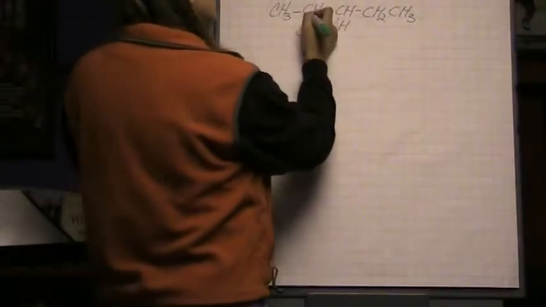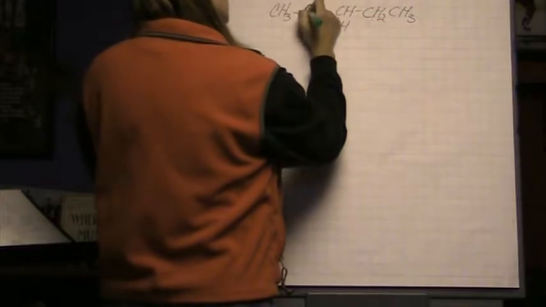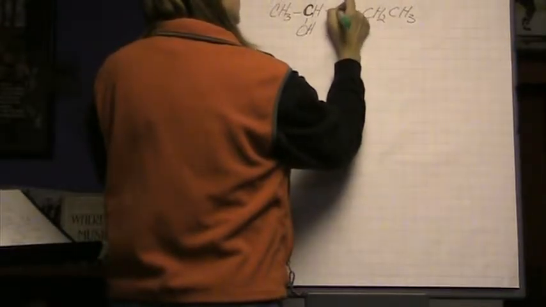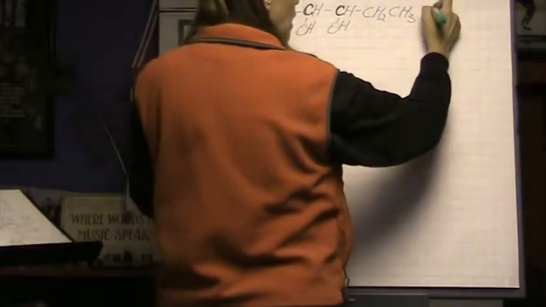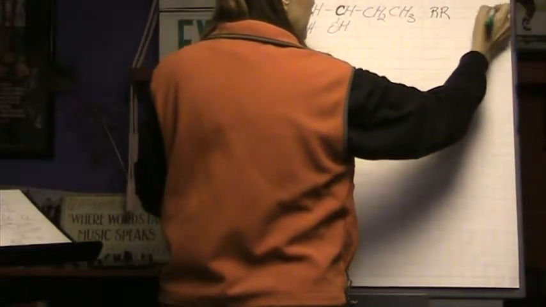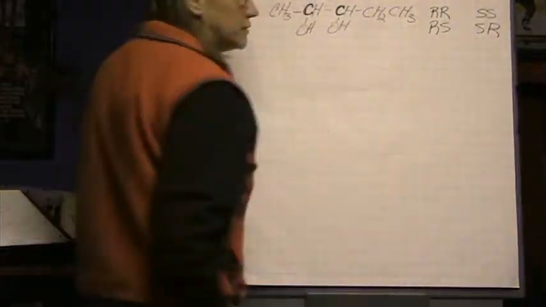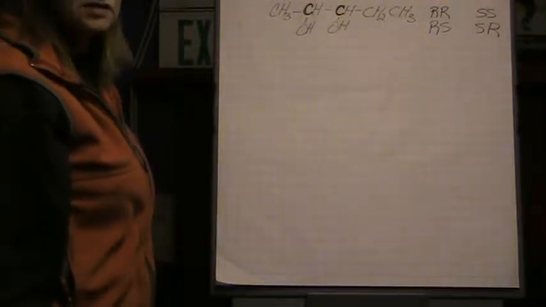Of course, the other one, they couldn't have been as nice to us. Had to make us draw more things. We have two chiral centers right here. Okay, so potentially we have R, R, S, S, RS, and SR. So our first assignment is to see, are we going to have to draw 4 of these or only 3 of them?